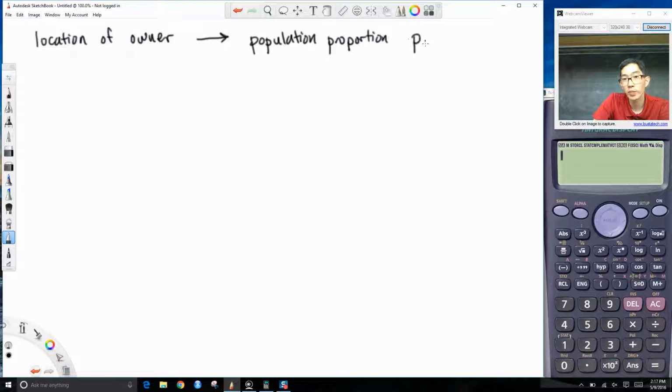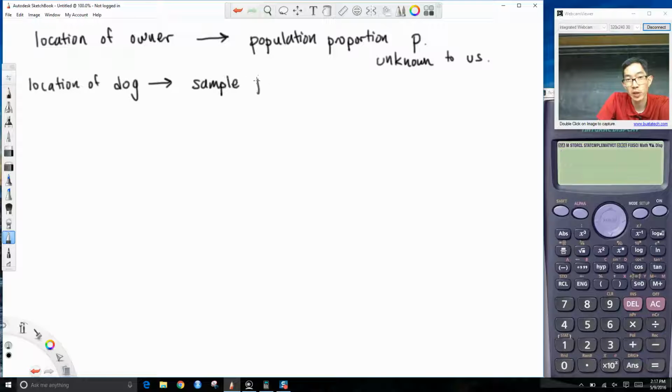Okay, in that it is unknown to us. Okay. The location of the dog is like our sample proportion p hat. This is known to us.